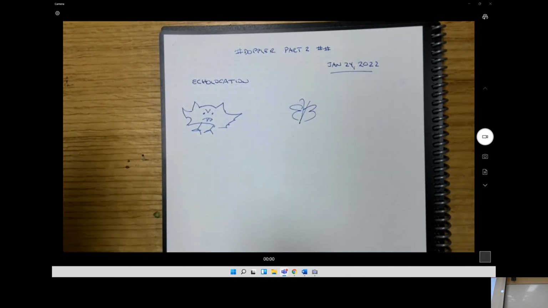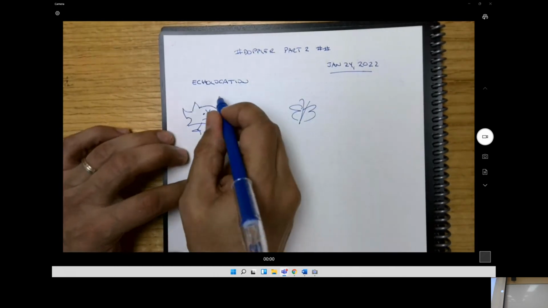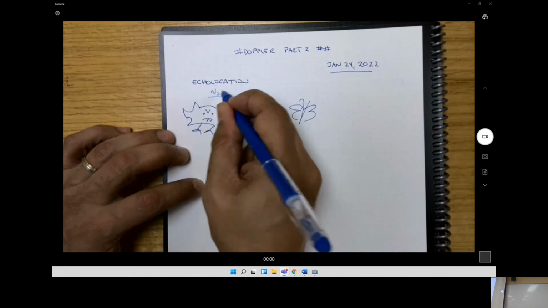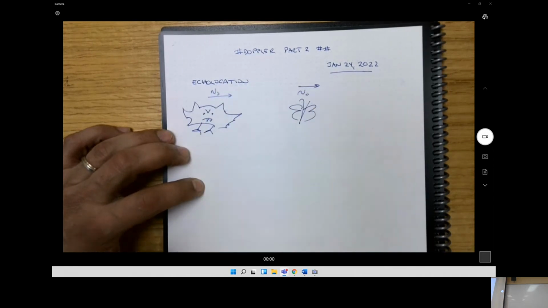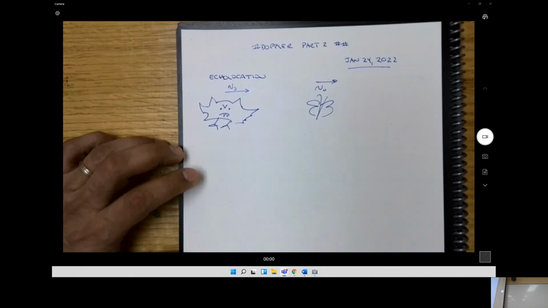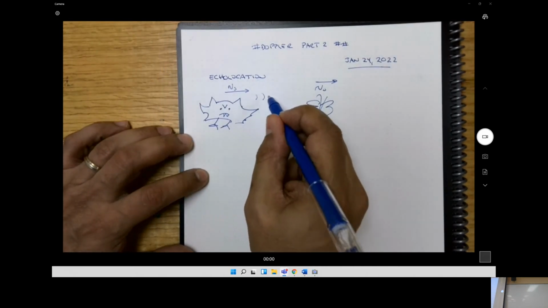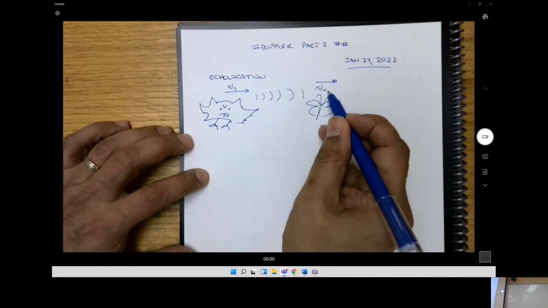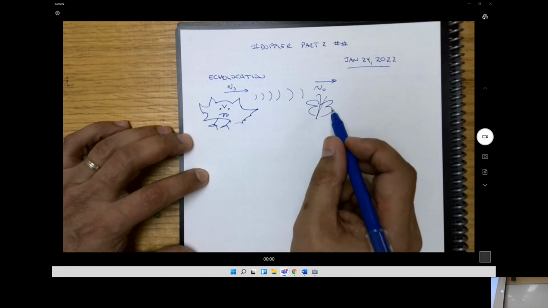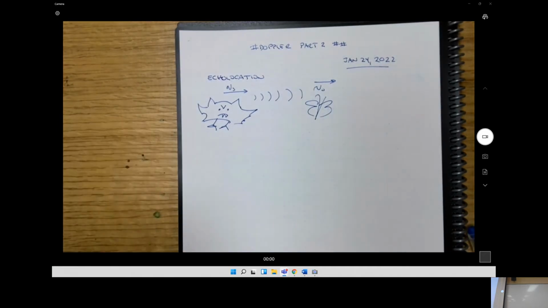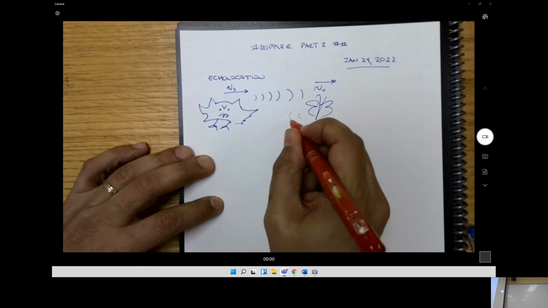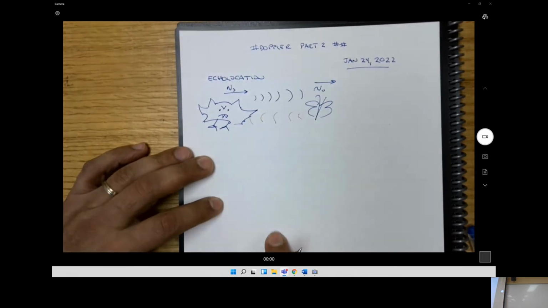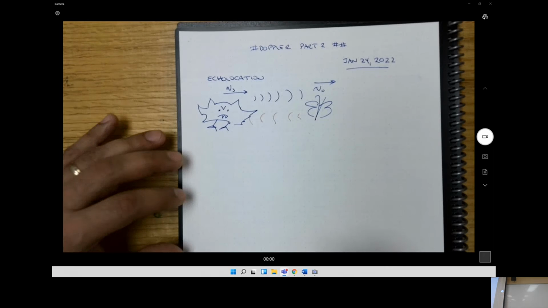And there's a chase, right? So this guy is moving in this direction, this guy is moving in the same direction. And basically it's gonna meet a sound wave. There's gonna be a shift in frequency on the way to the target, and then on the way back, because the source is still moving and the target is still moving, there's going to be a second shift on the way back.